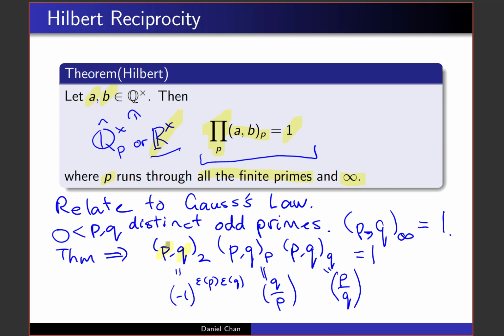Extending from primes to integers and rational numbers is not a big deal because it's bilinear in each variable. So that's in many ways just a minor point. Okay. But one of the things that you do find is that you can put in P and Q to be equal to 2 or -1 as well, and you'll get some extra results.